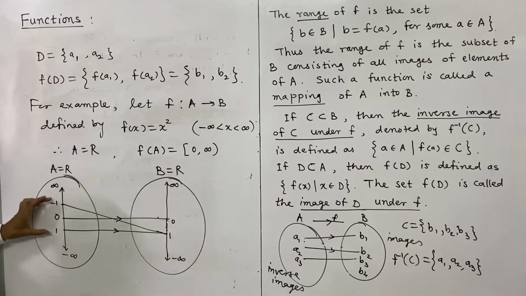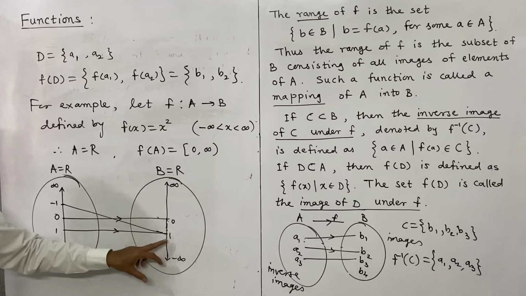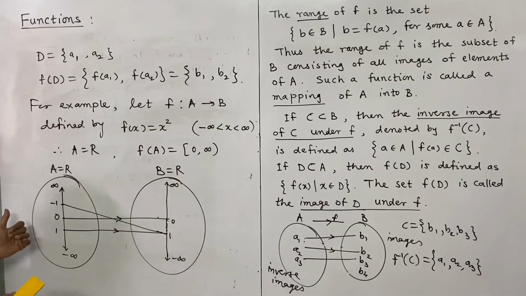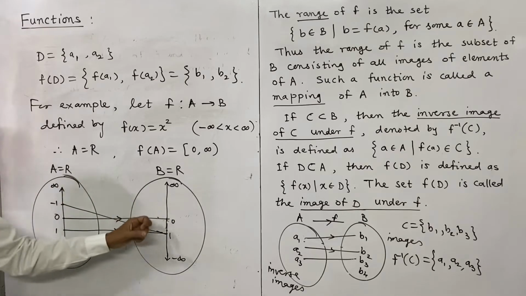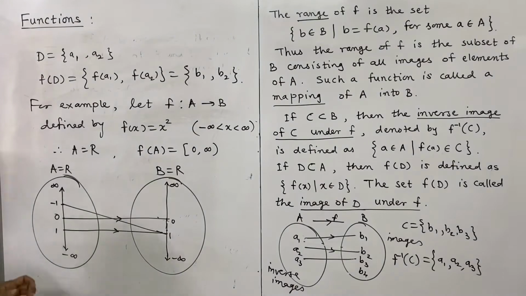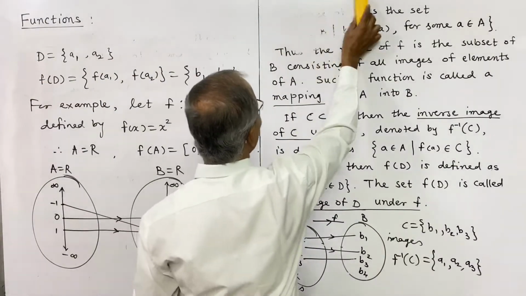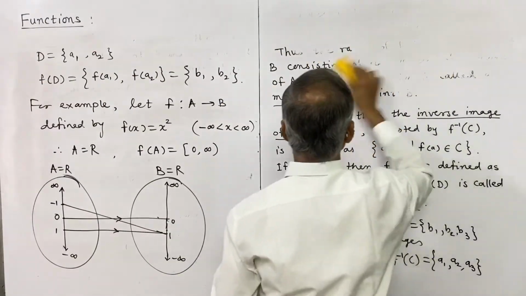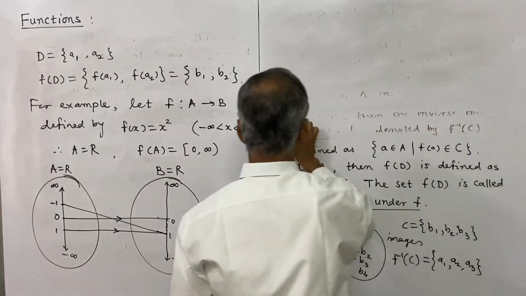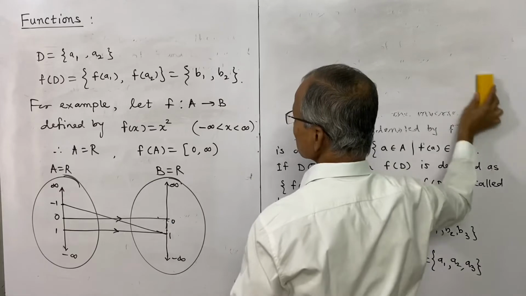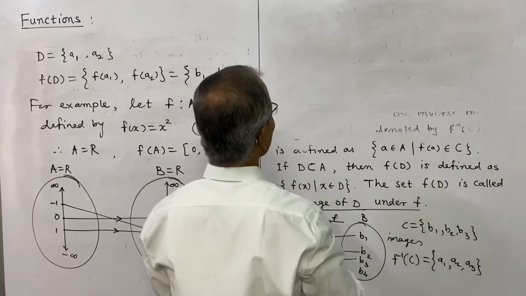So many elements from set A may be related to one element in this set, but the reverse will not happen. That means one element cannot be related to many elements in this set B. So here the function is defined as f of x is equal to x square.